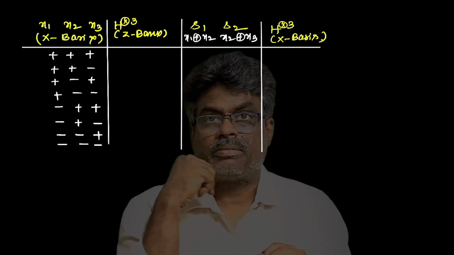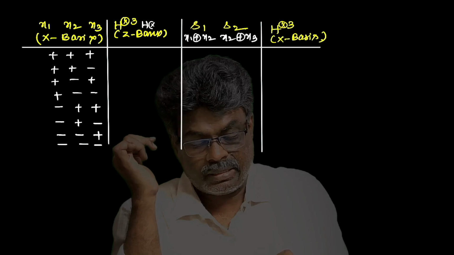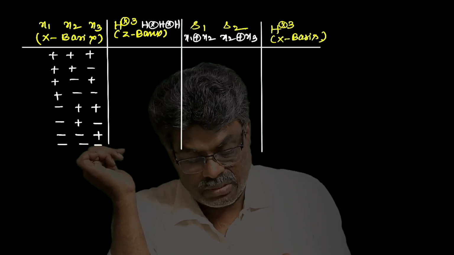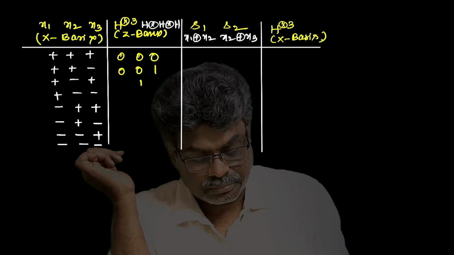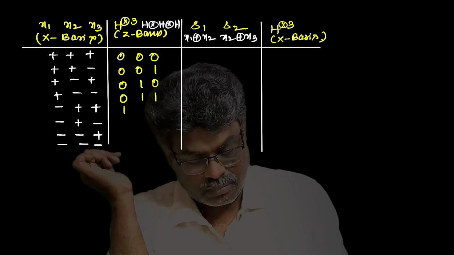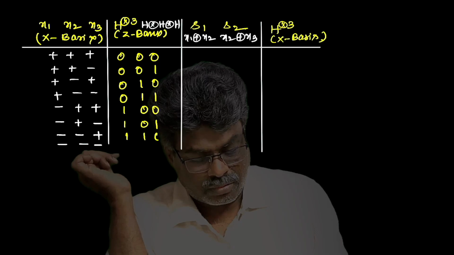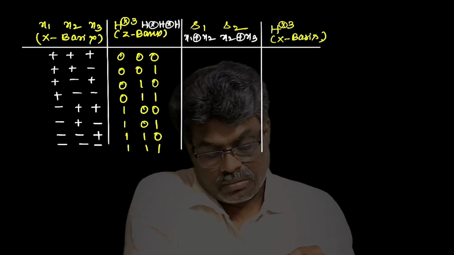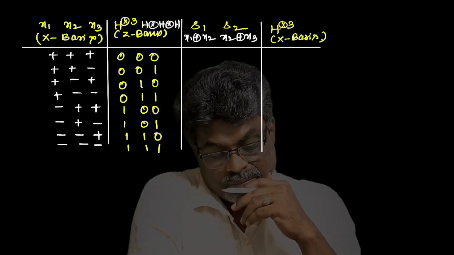So these are x basis. Now once you apply this Hadamard operation, that is H tensor H tensor H, this is converted into z basis, 0 0, like this.